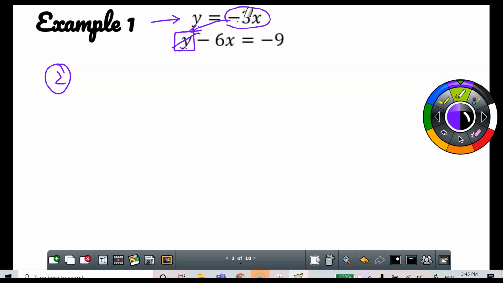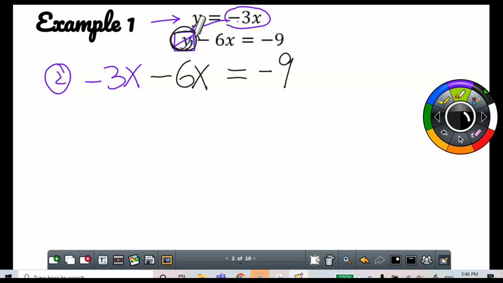You put negative 3x there. And keep copying the next one, which is minus 6x equals negative 9. So for the second equation, we only change y into negative 3x because y and negative 3x equal each other. So you can exchange between them.